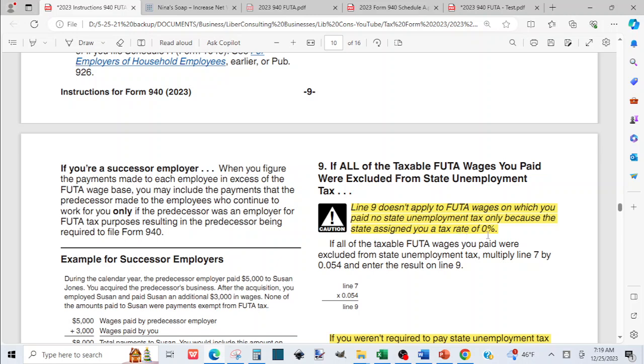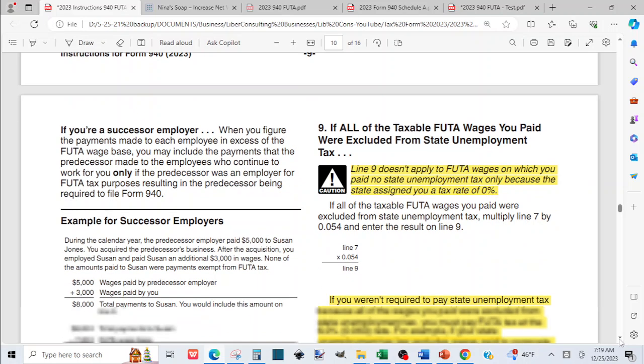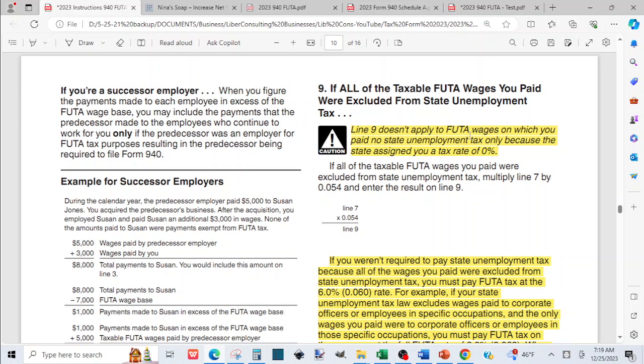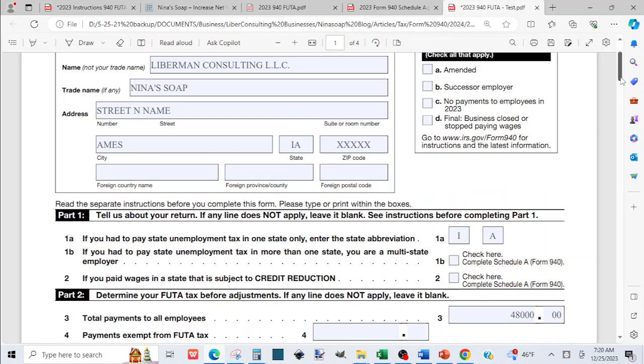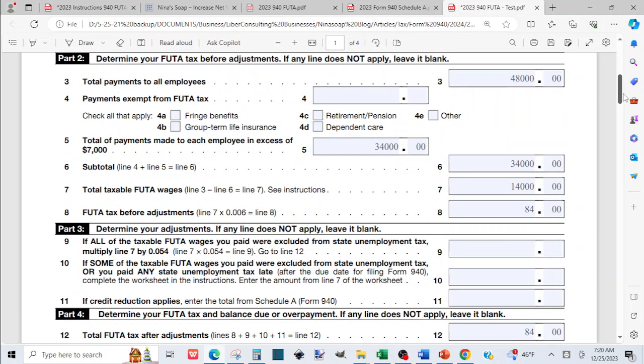So that means if your state has a 0% tax rate for unemployment tax for the type of business you have, and therefore you don't owe state unemployment tax, it's not a reason for you to think you have to pay that 5% to the federal government by completing line 9. That's the way I understand it.